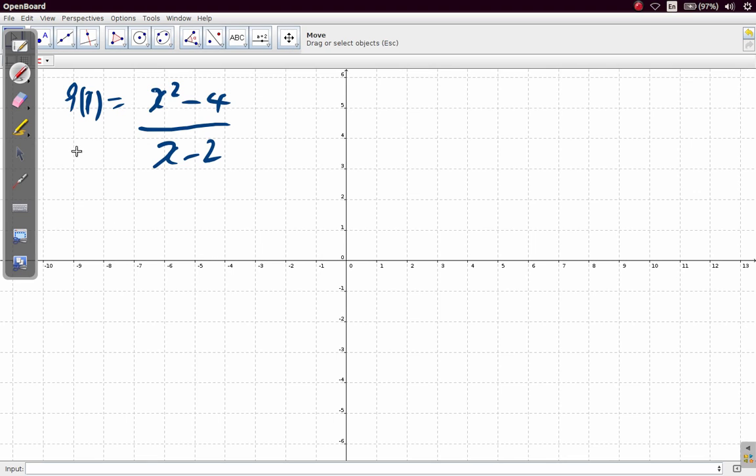First of all, what would that look like on the graph? Let's use open bracket, not the curly bracket, the round bracket. Open bracket, x to the power of 2 minus 4, close bracket, divided by x minus 2 in brackets.